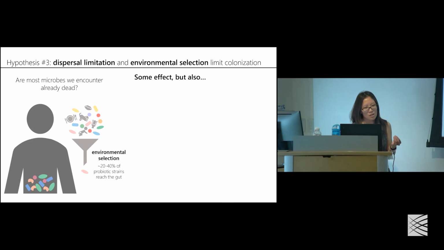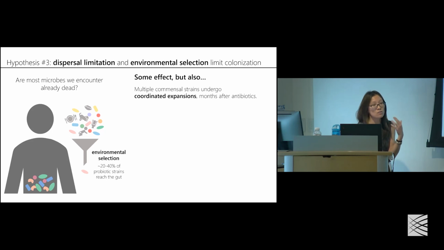Another interesting observation that I want to point out, and I think this is one of the 2 most interesting things that we saw in the study, is that multiple commensal strains sometimes undergo what appear to be coordinated expansions months after antibiotics. Under very simple models in which you're just waiting for live microbes to enter, but they grow really rapidly once they enter the gut, you would not expect to see multiple strains colonizing at the same time.